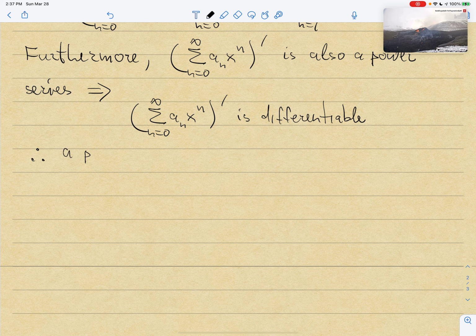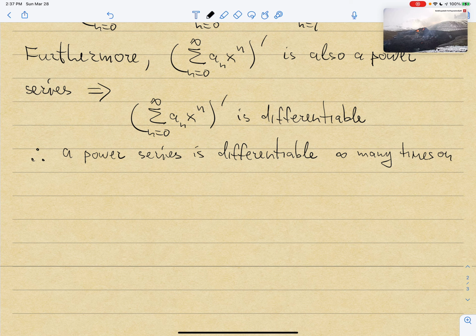So another conclusion that we're drawing from this then is that a power series, right, nothing says that I can stop, that I should stop at a second derivative, right? I take a first derivative, it's a power series, I took its derivative, it is a power series, so it must be differentiable. I take a derivative again and again and again. And so that means that the power series is differentiable infinitely many times on its interval of convergence.